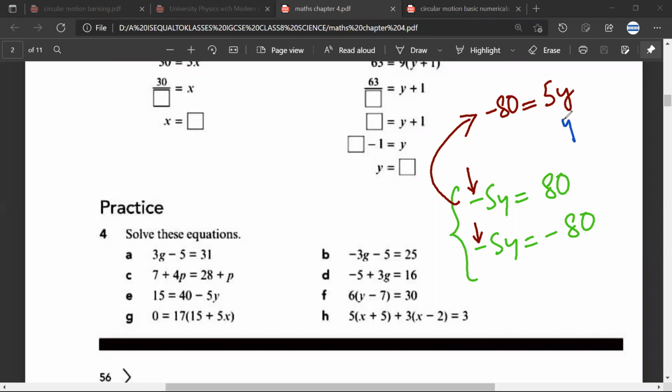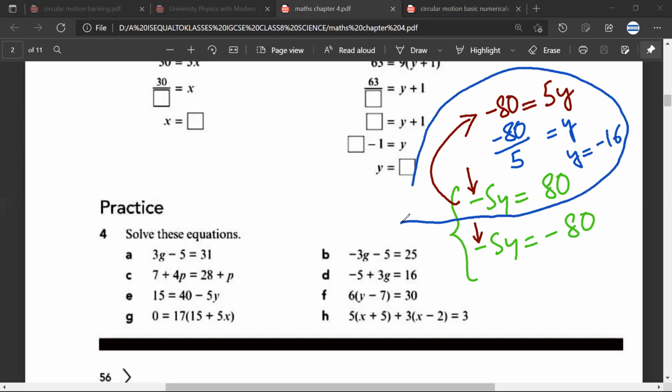You might be wondering कि ये सब क्यों कर रहा हूँ मैं? Because few students find this difficult. So y would be equal to minus 16. Mr. Satya, any doubt? No, sir. So basically, what I'm suggesting is that to avoid confusion, you can make your y or x or z positive.